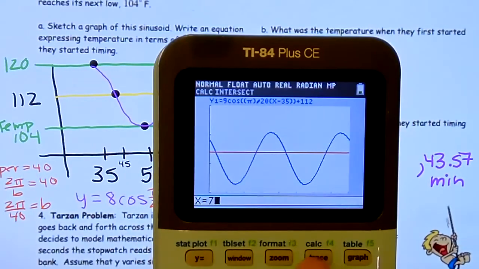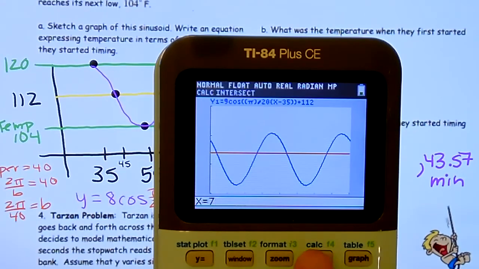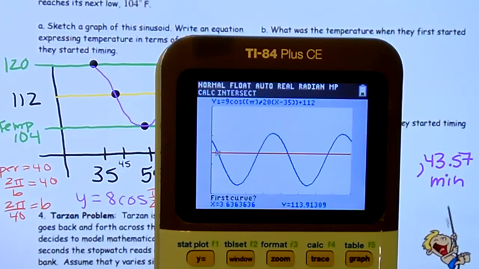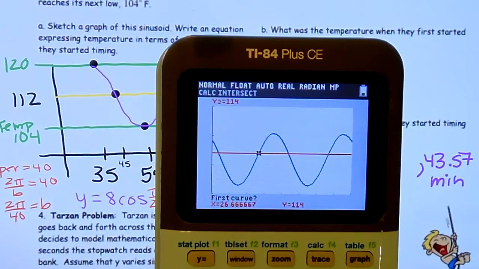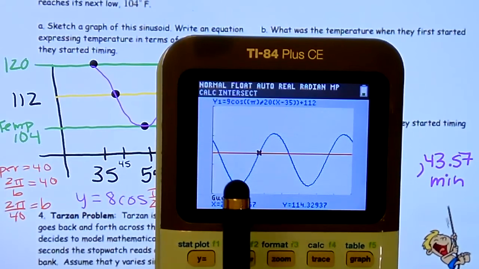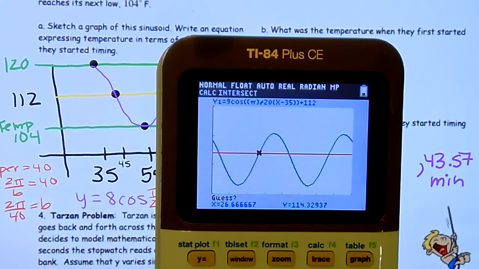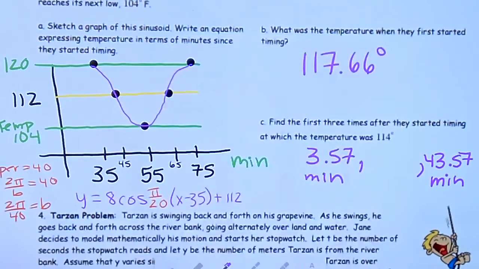So what I'm going to do is I am going to find this one the same way I just did. I'm going to go second and calc, back to intersect. I'm going to drop to the line. I'm going to come over here and I'm going to find this value. But again, if I knew this particular value, I know it's the same distance on either side. Hit enter, and it's 26.43, let's say 26.43.